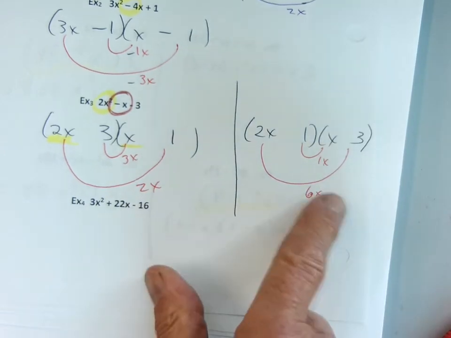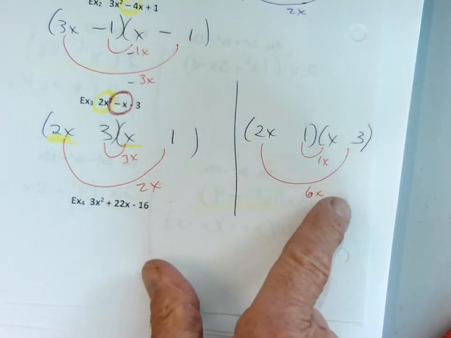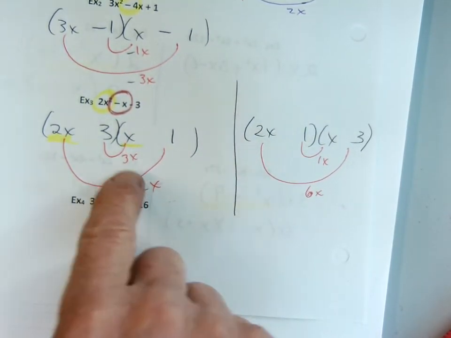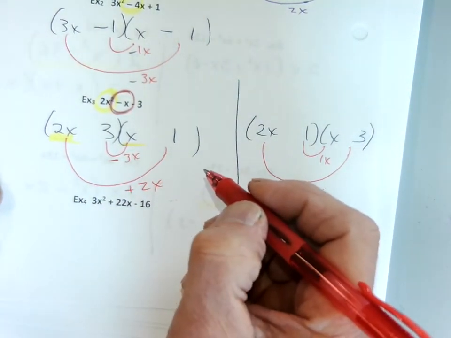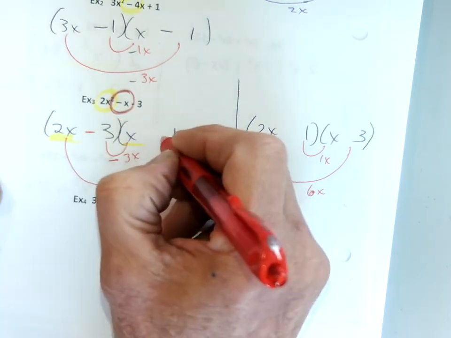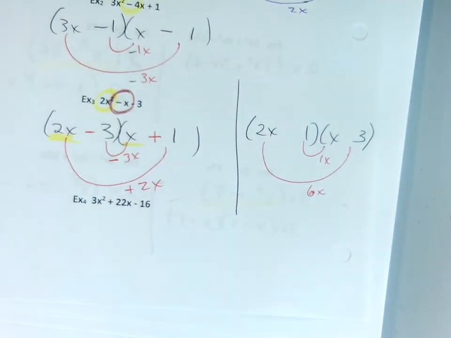Which one of these two can give me a negative 1x? First one. If this were a negative and that were a positive, we could get it, right? So it's a negative 3 and a positive 1. Yes. This one's wrong.